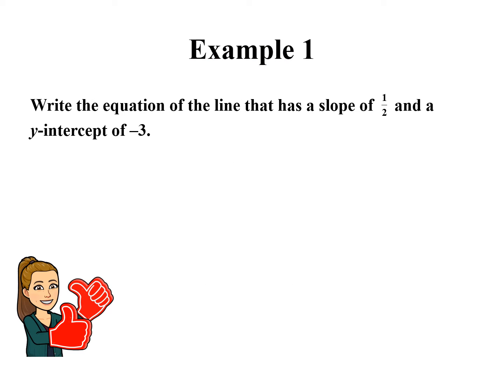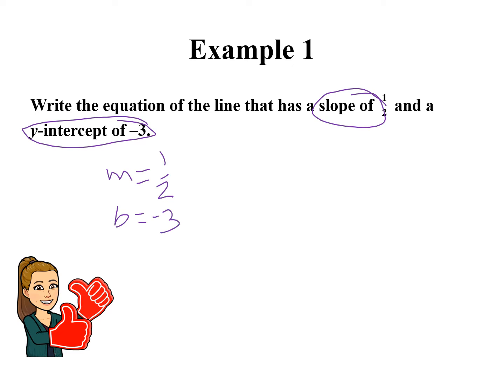In example number 1, I want to write the equation of the line that has a slope of 1/2 and a y-intercept of -3. So I know from the steps that I just wrote down, my first goal is to find the slope. Well, slope of 1/2, so I know that my slope is 1/2. And I have a y-intercept of -3. Well, my second step is to find the y-intercept. My b value is -3.